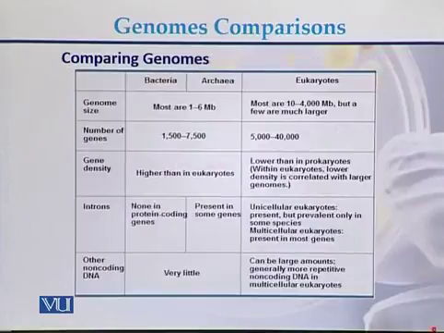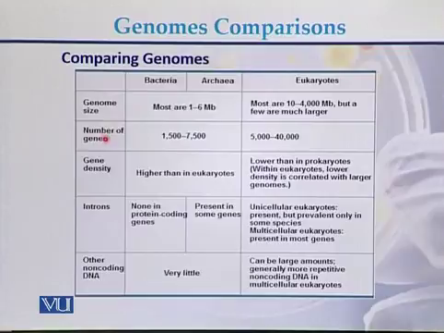This is another comparison of the genomes. Looking at genome size, in bacteria and archaea most are up to 6 MB, while in eukaryotes mostly they are 10 up to 4000 MB in size.